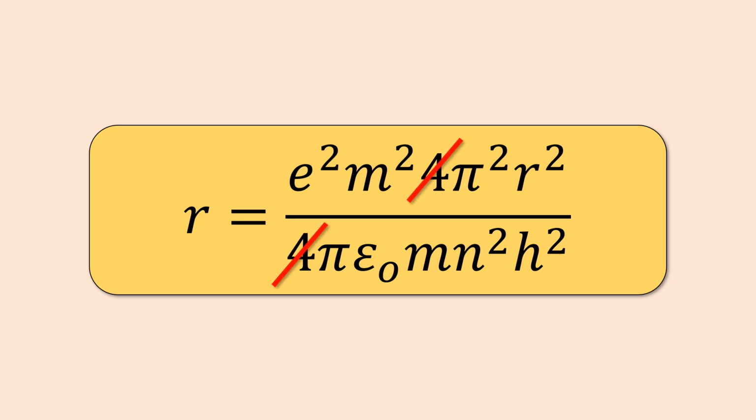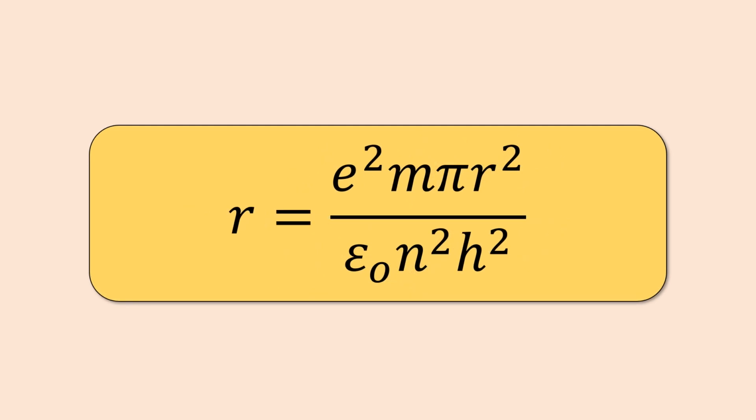The integer 4 cancels, 1 pi term cancels, and 1 mass term cancels. Now let's rearrange to get the radius by itself.